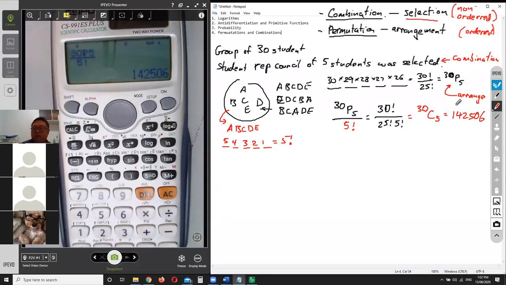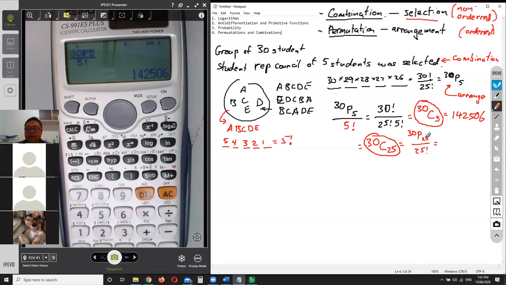Now, here's what I want you to tell me. What do you think 30C25 would equal? 30C5 is over here. Is it 30P25 over 25 factorial?